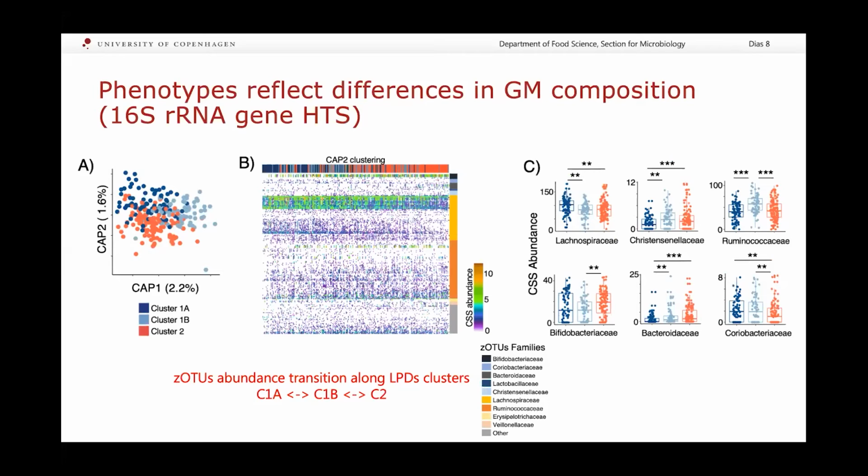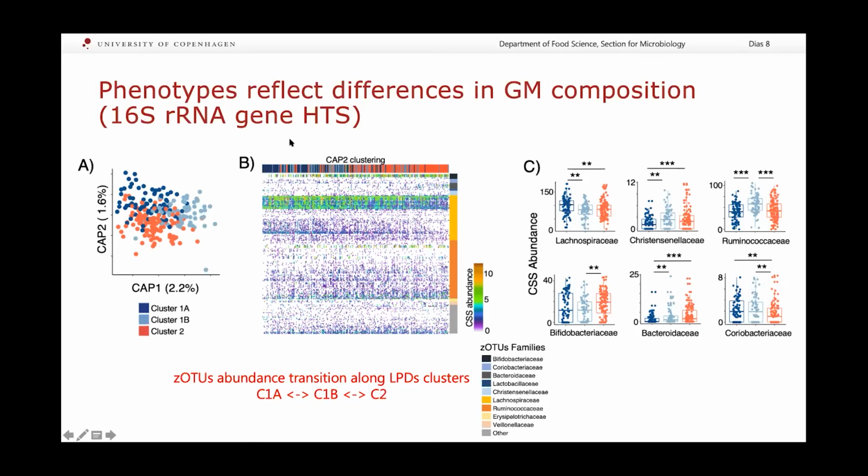But we can also go to the gut microbiome and see what's going on there by sequencing the 16S gene. And we can discriminate the different clusters that we see from the LPD distributions. We see a transition in the abundance of different bacteria phenotypes common in people in Copenhagen.